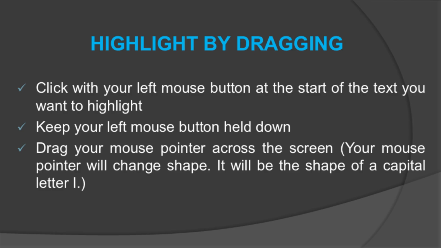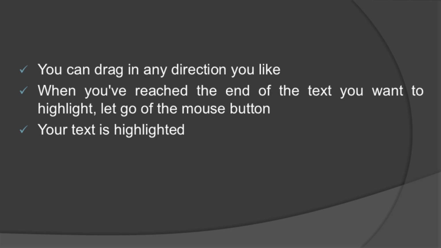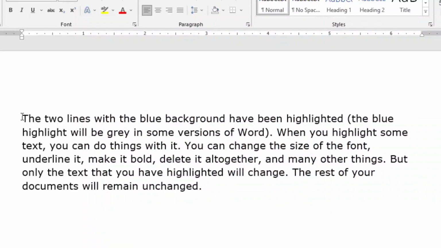Drag your mouse pointer across the screen. Your mouse pointer will change shape. It will be the shape of a capital letter I. You can drag in any direction you like. When you've reached the end of the text you want to highlight, let go of the mouse button. Your text is highlighted.